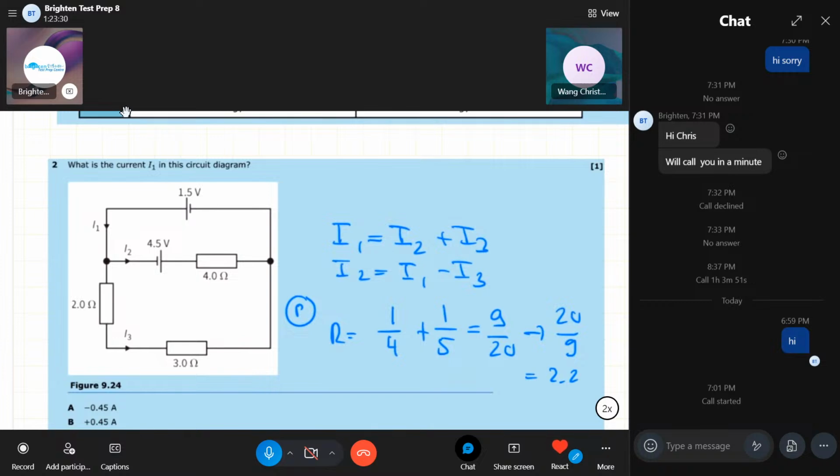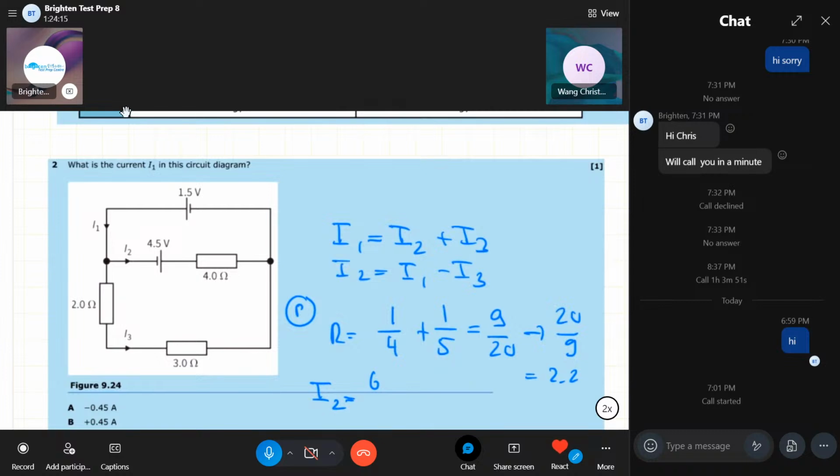Then what can you say for I2? So I2 has its loop has a PD of 6. Okay.